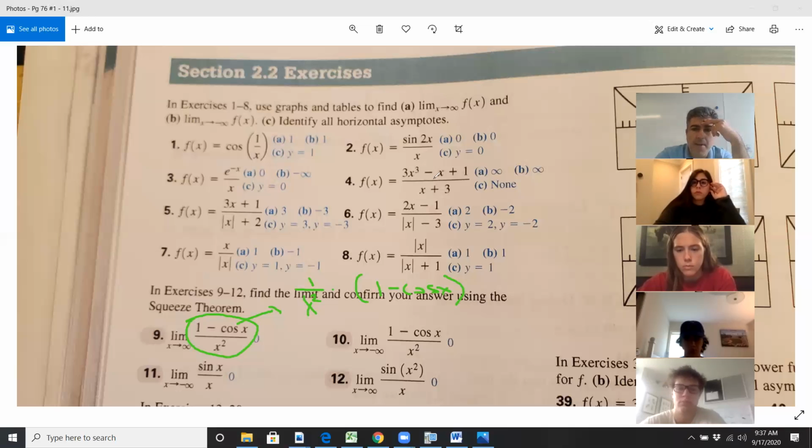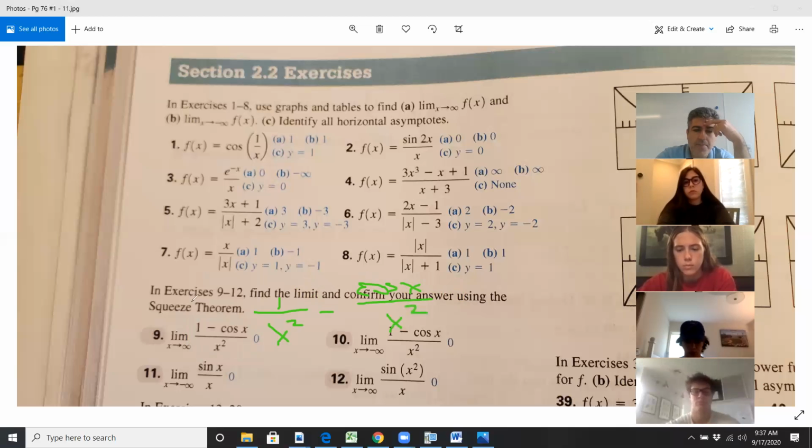I guess we could break it up. That's probably what I would do, and that'd be probably the first thing I would do, because I already know what the first limit is going to be. I already know that's going to be 0. We've already had that discussion.